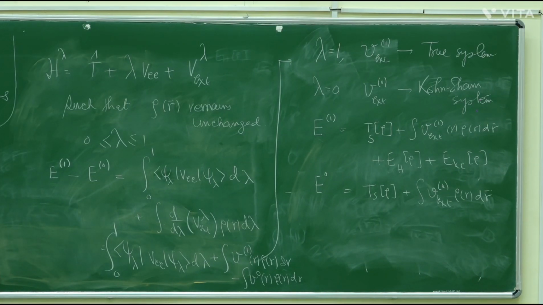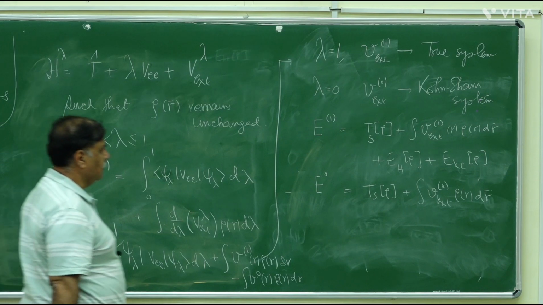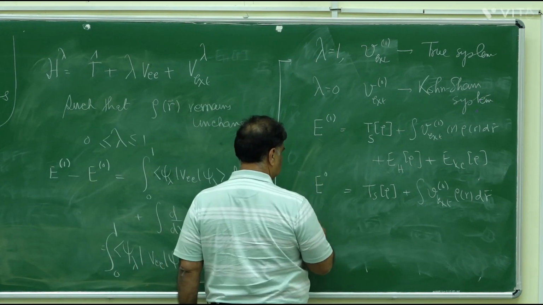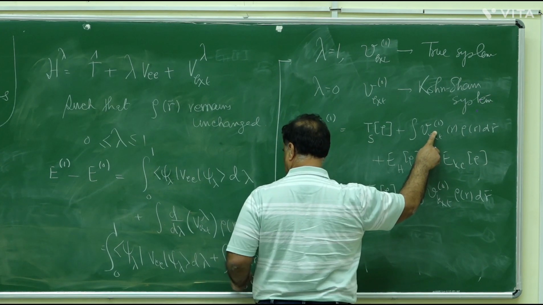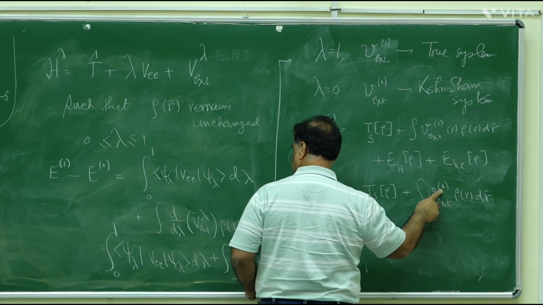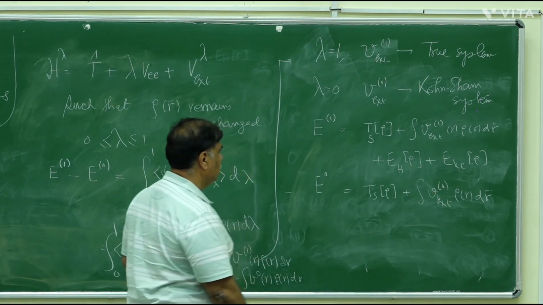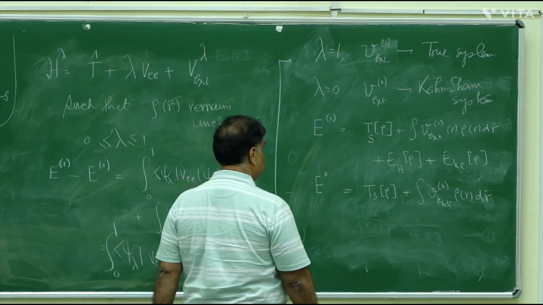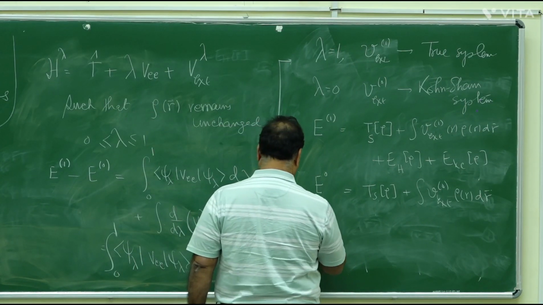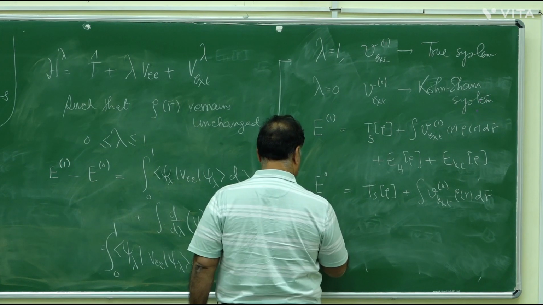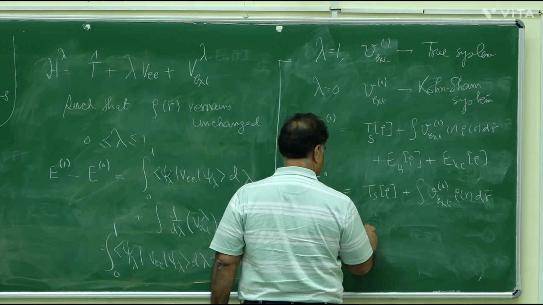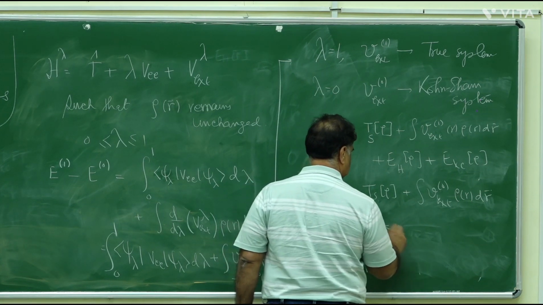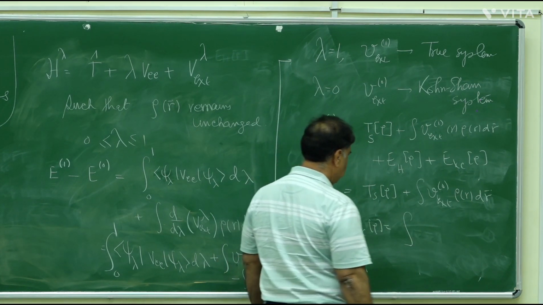Right? So E1 minus E0 is going to be nothing but Ts rho cancels. Right? This will cancel with the first term, this will cancel with the second term. So on the left hand side you get E Hartree rho plus EXC rho equals integration.